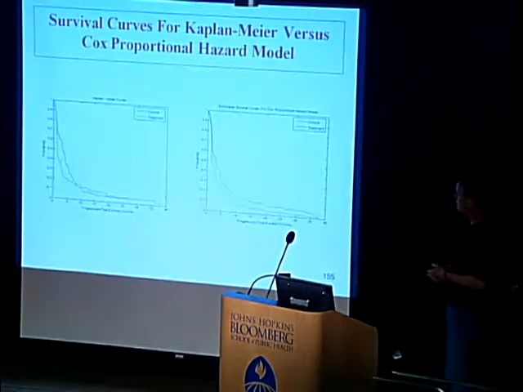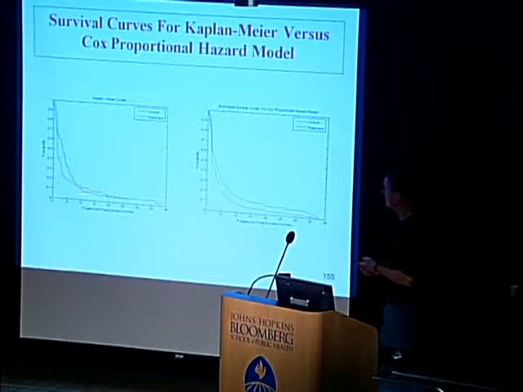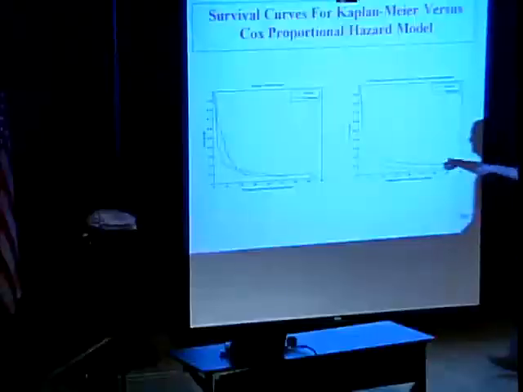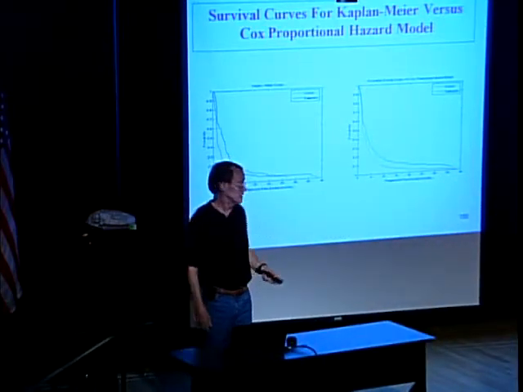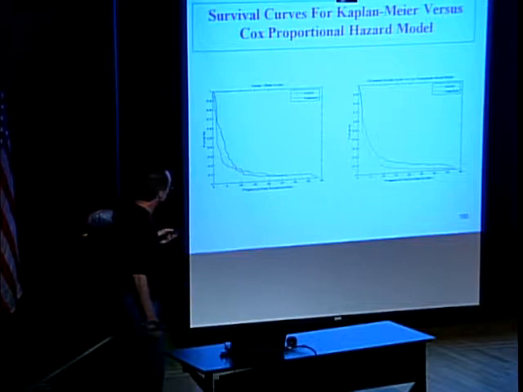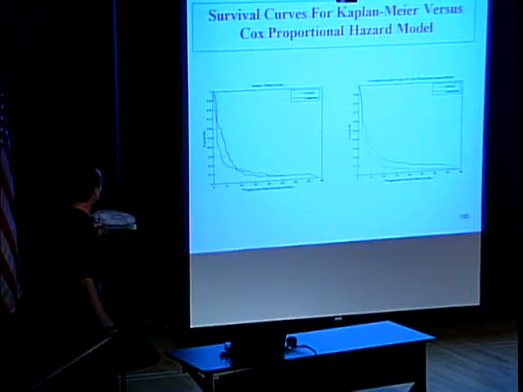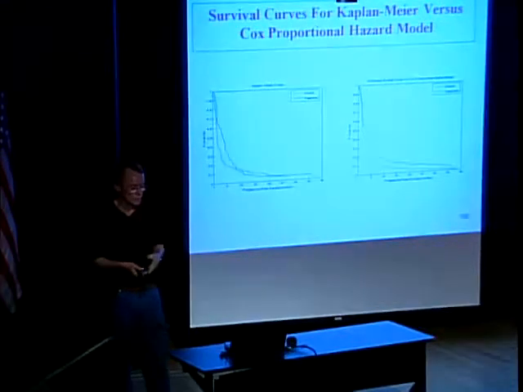And you could immediately visually see that there is a difference between these two curves, right? The fitted curves don't look like the observed curves. The fitted curves are characterized by being separated from each other, pretty much the same, whereas the observed curves actually cross each other here. So you can tell then that a Cox proportional hazard model would not be suitable for these data.